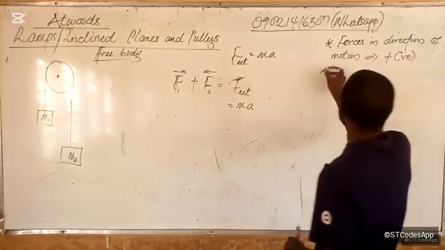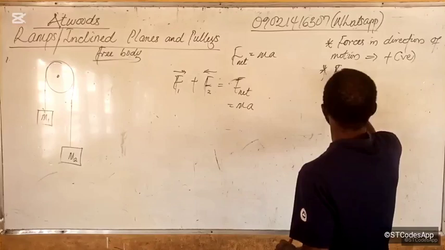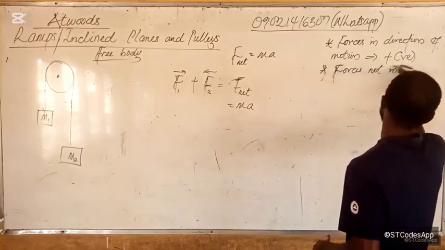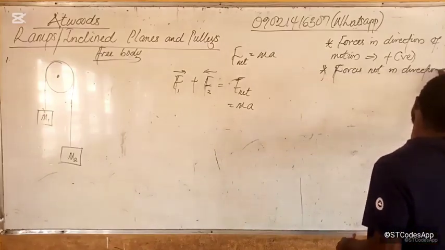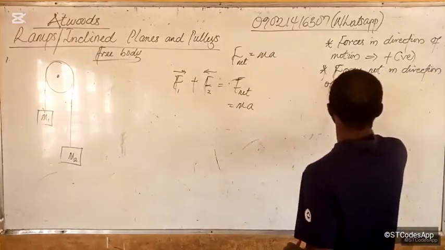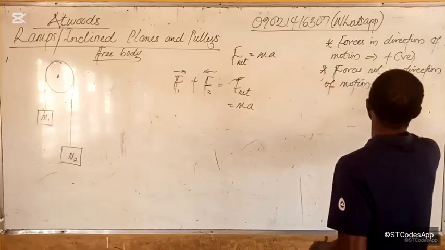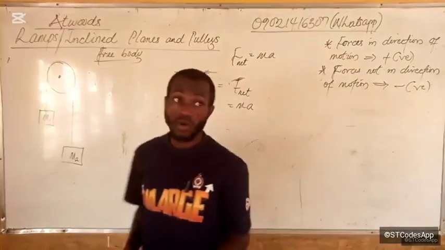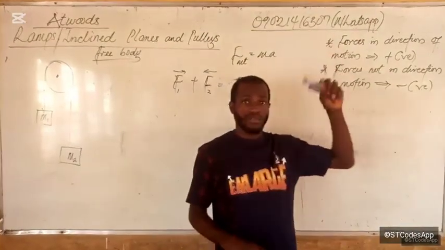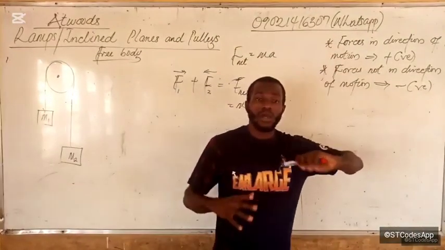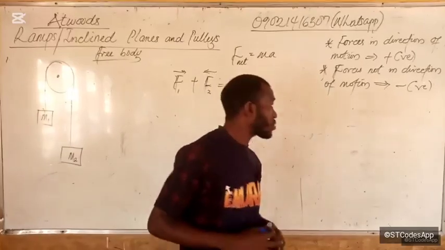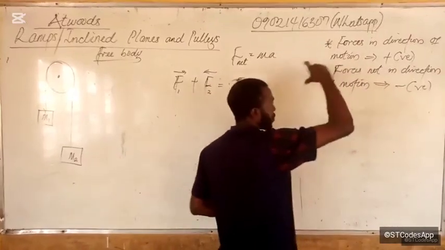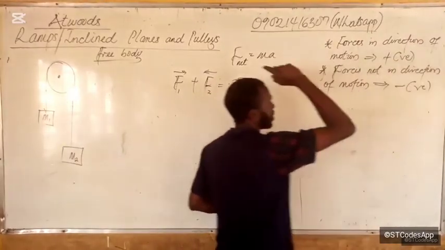But forces that are not in the direction of motion will be negative. So keep that somewhere. And if the forces are equal, there will be no acceleration produced. So we said forces in the direction of motion are positive, and forces not in the direction of motion are negative.